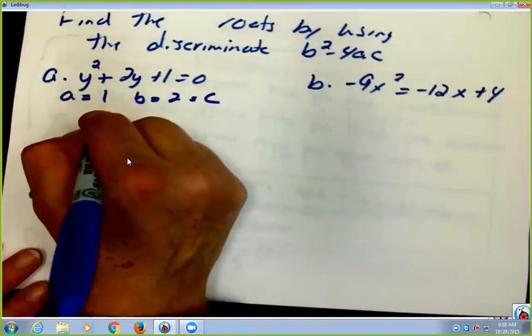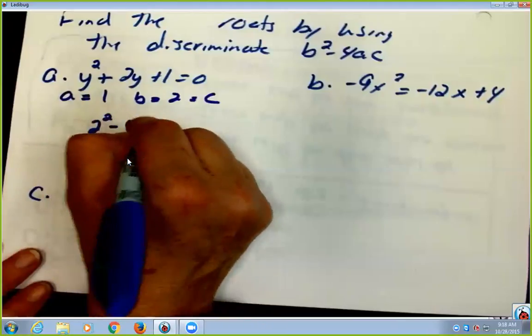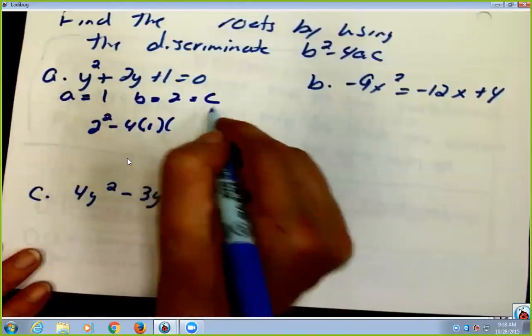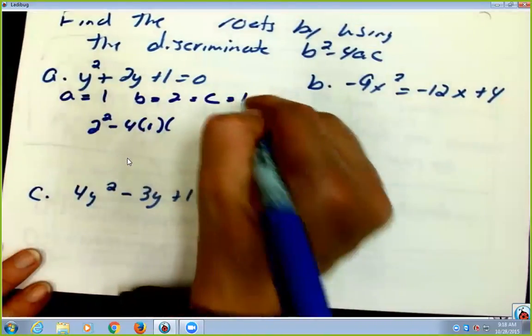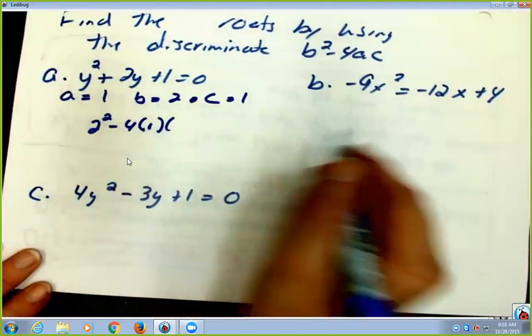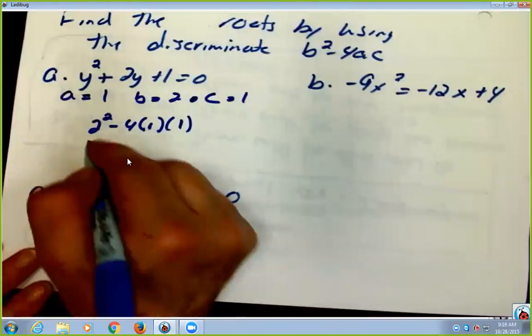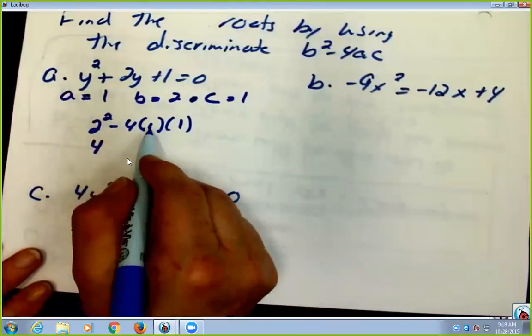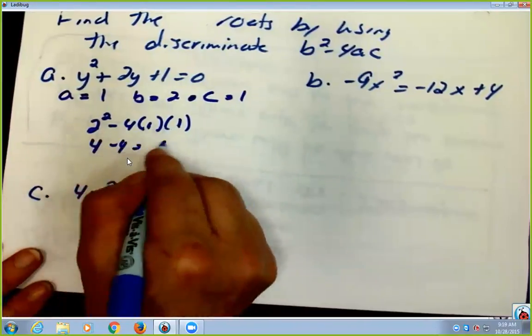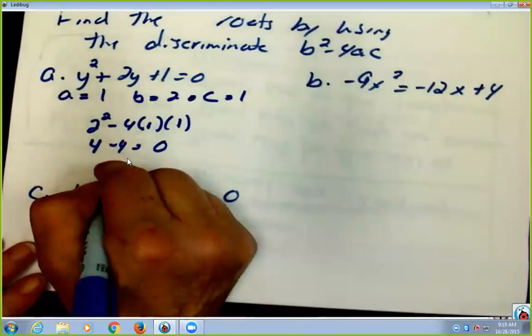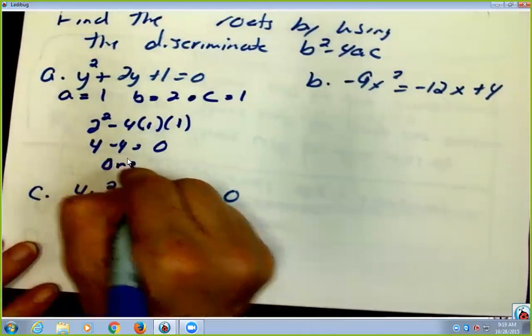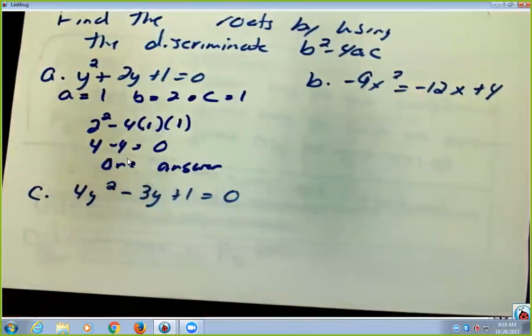So 2 squared minus 4 times 1 times 1. And so I get 4. Negative 4 times 1 is a negative 4. So I get 0. So this one has only one answer. Okay.